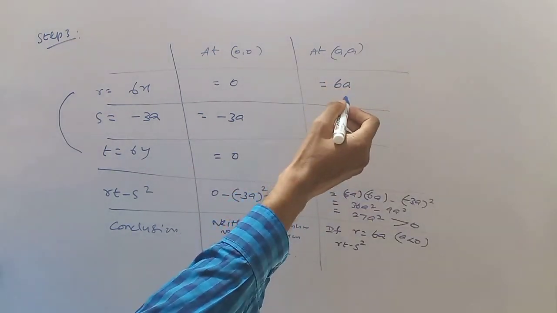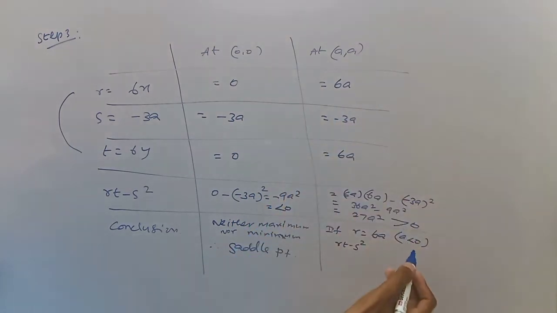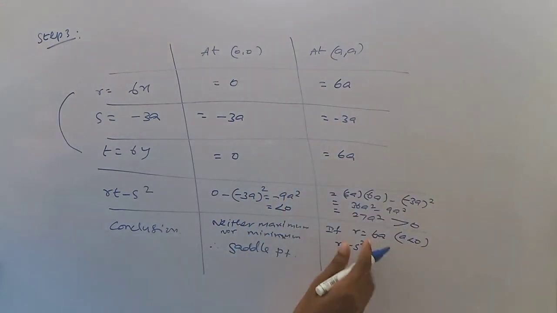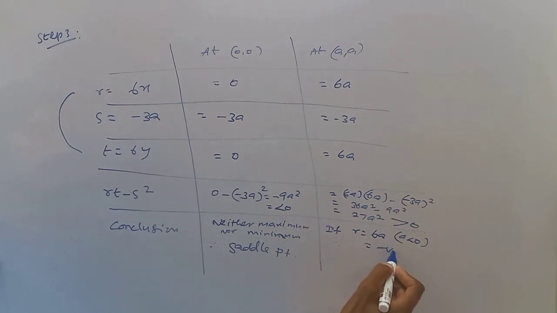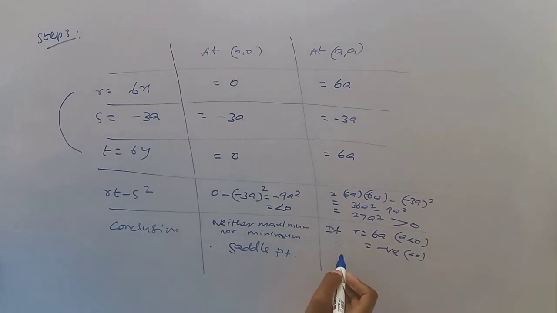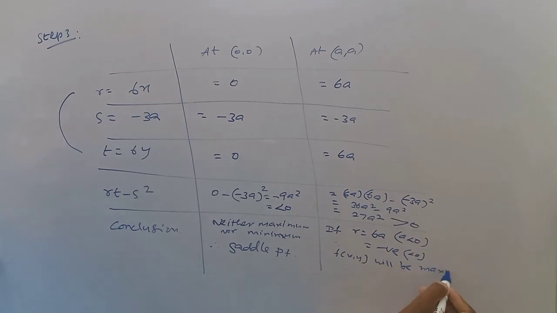Go to the r value. R is 6a. If a is less than 0, it will be negative, that means less than 0. Less than 0 means f of x, y will be maximum.